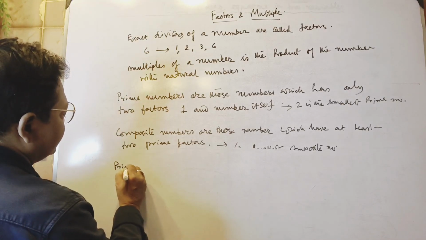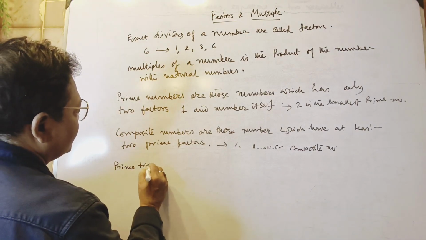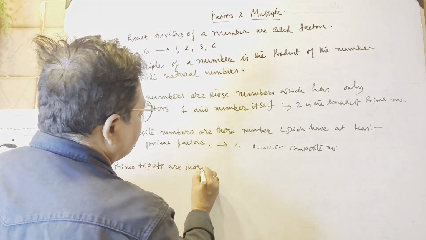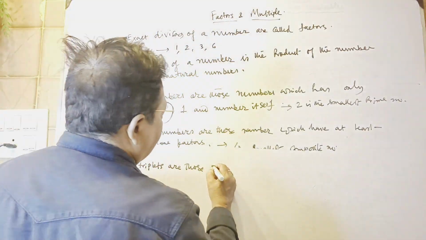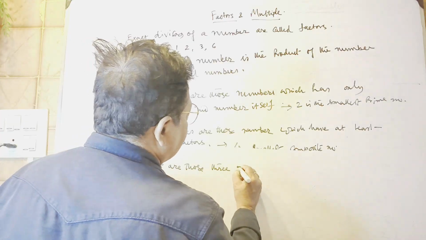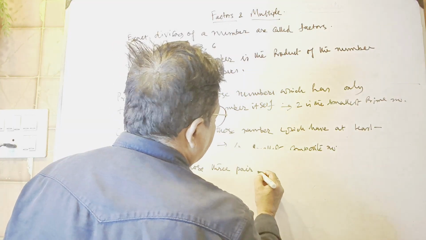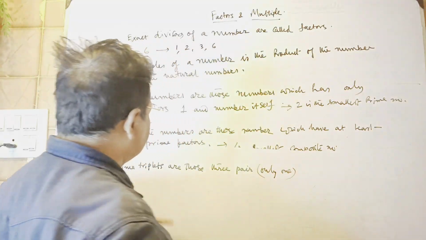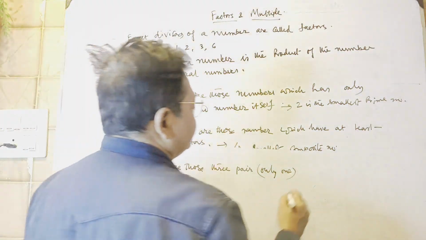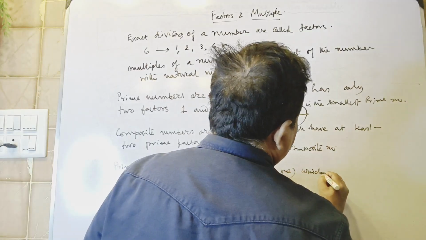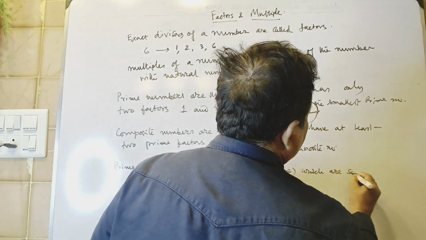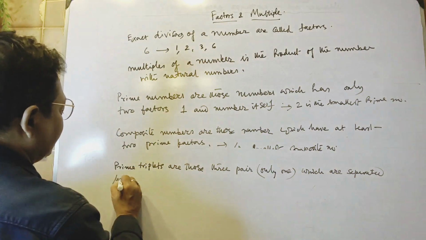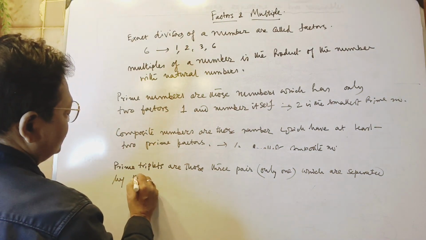prime triplets. Prime triplets are those three numbers, and you will get only one prime triplet, which are separated by the value 2.